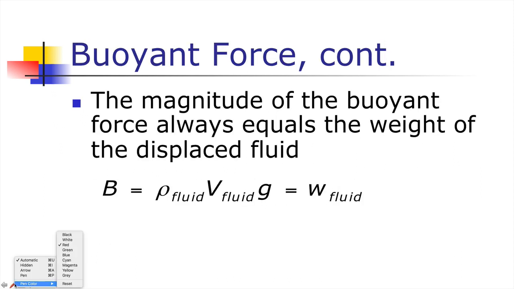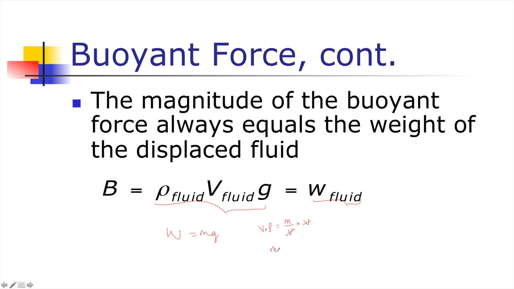Okay, so you may ask, how do we end up with this equation? You know that weight, we defined, is mass times gravity. And around the beginning of this material, we defined density. Density of any object is the amount of mass per unit volume. To find mass, if you isolate mass, you need to multiply both sides by volume. Then you will find mass is equal to density times volume.